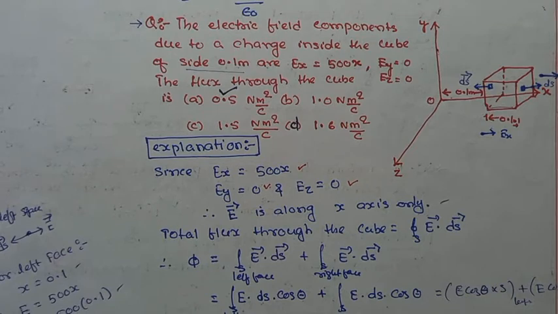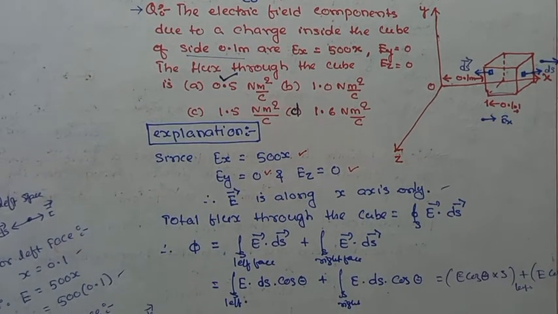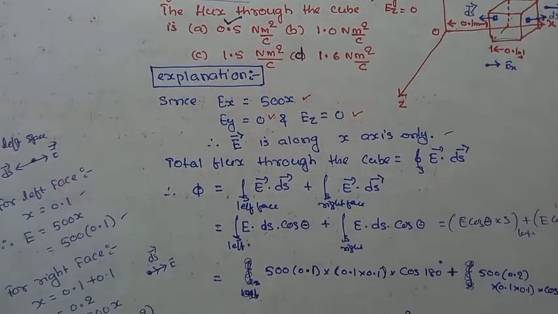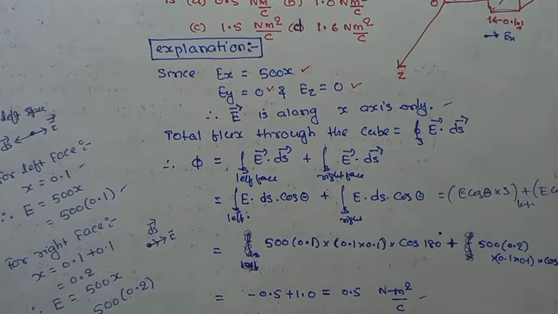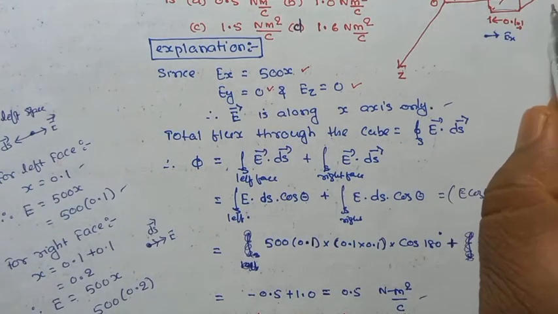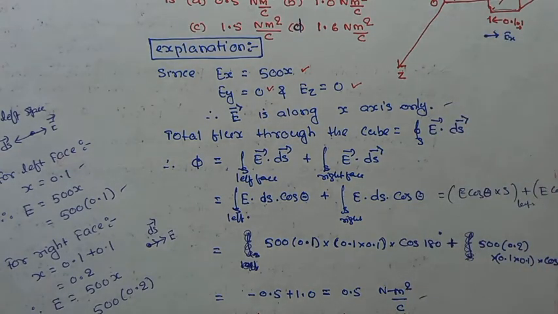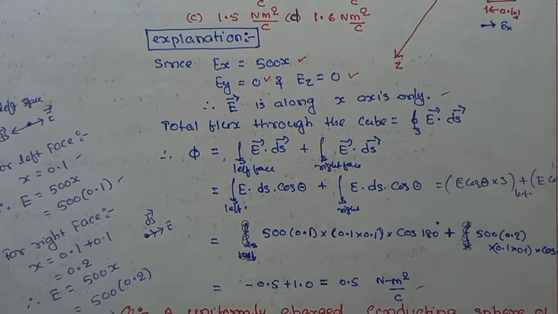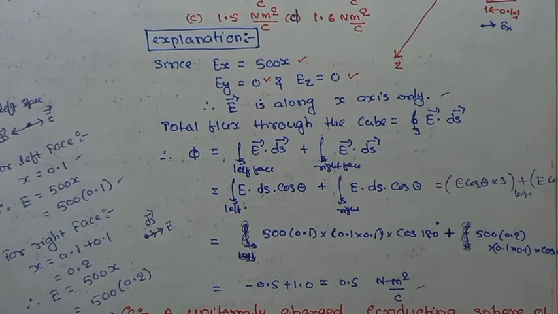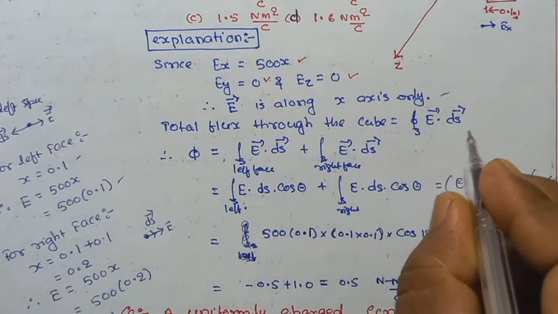So now we'll calculate the total flux through the cube. The flux is only present along the x-axis, that is the positive x-axis and negative x-axis. Okay? Now we know, according to Gauss theorem, the total electric flux through the surface, here the surface is the cube, is equal to the closed surface integration of E vector dot ds vector.